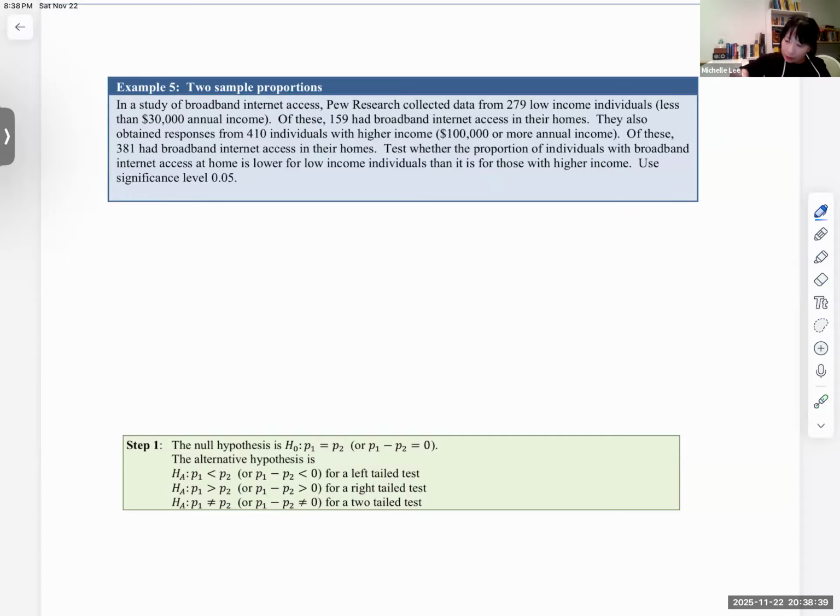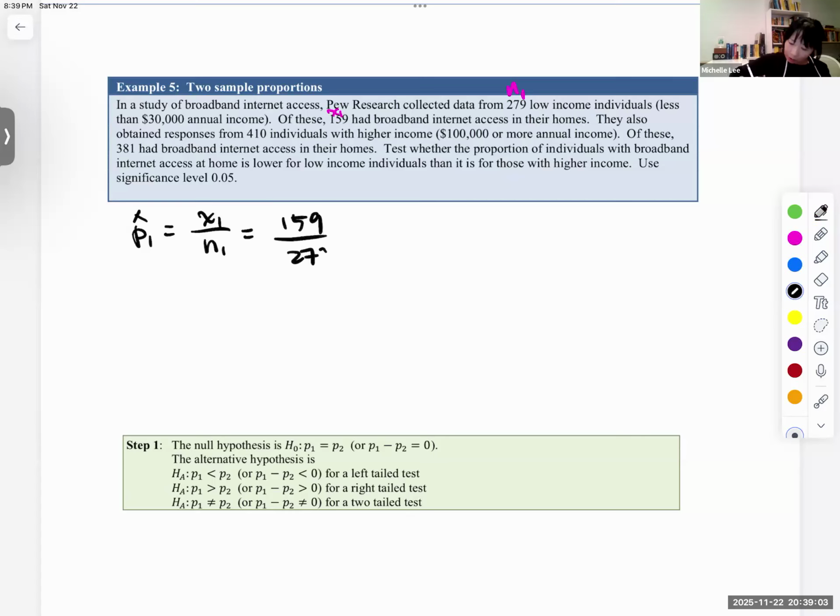So let us do this. The first one, we want to know what's p hat sub 1? So x sub 1 over n sub 1. This is n sub 1, this is x sub 1, so that will be 159 over 279. Please calculate.